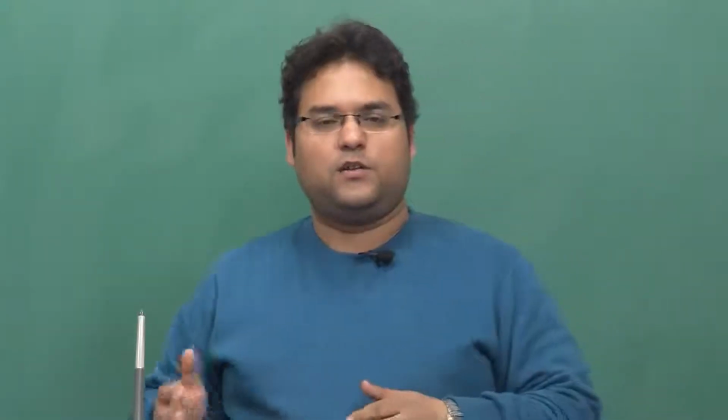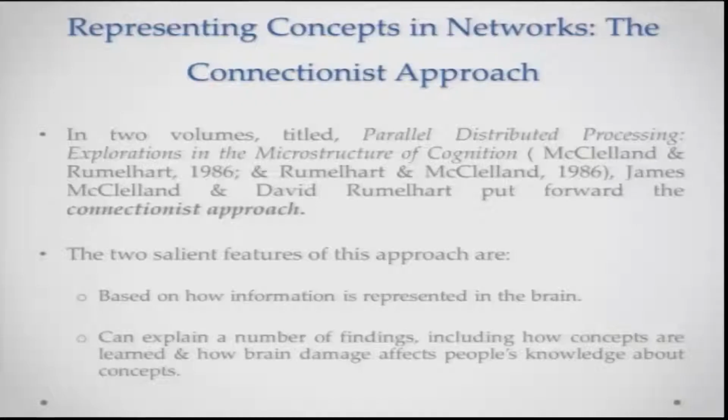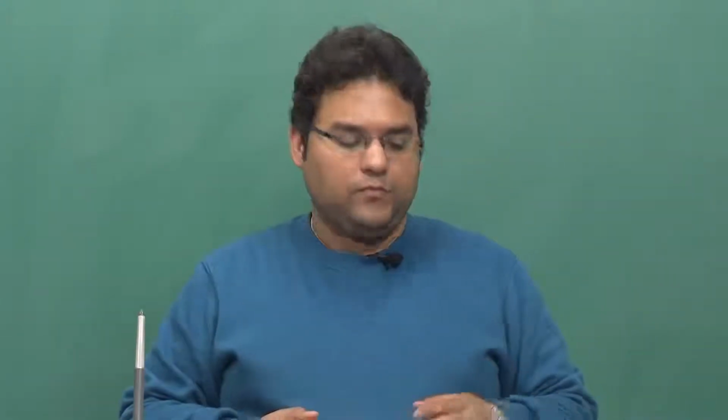The connectionist approach, or parallel distributed processing approach, espoused by McClelland and Rumelhart, takes this explanation and tries to computationally model it through what is called a connectionist network. So, it tries to resemble as much as possible how concepts are probably arranged in the brain.